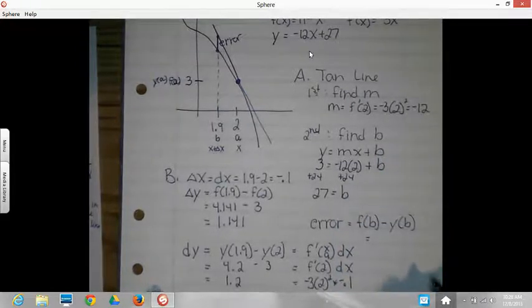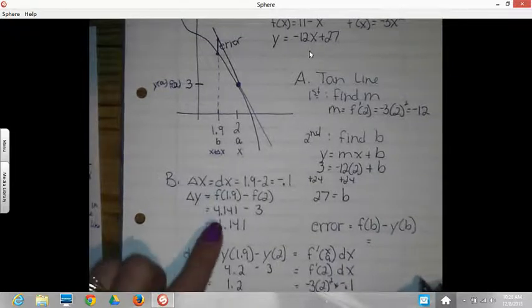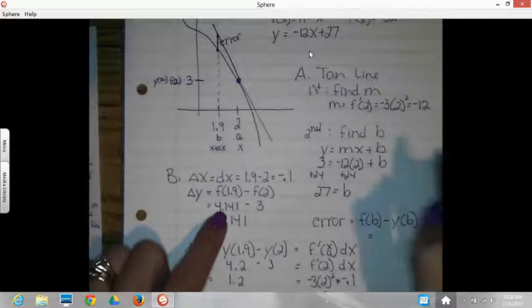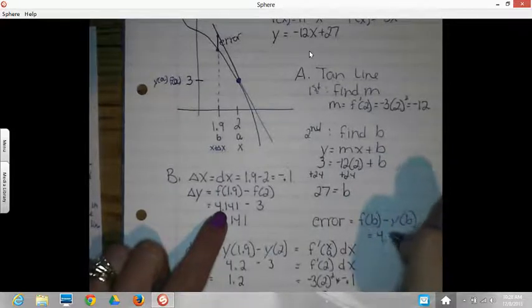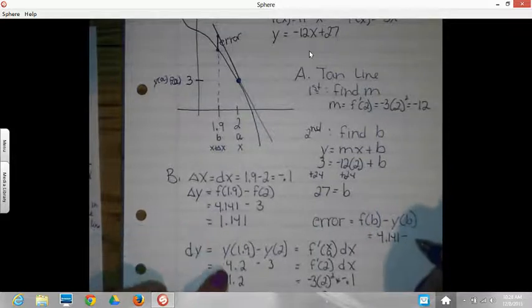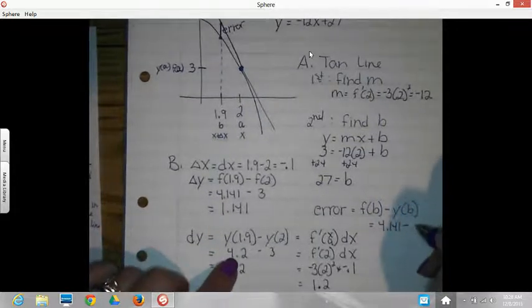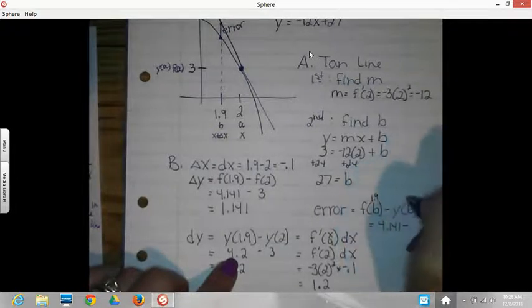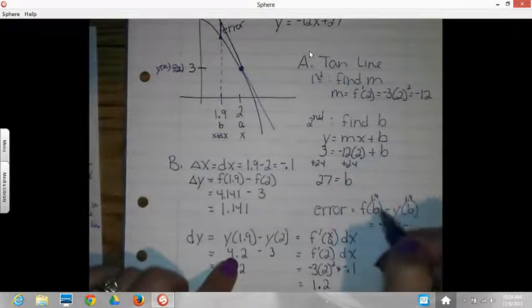So the f of b value, we already did it over here, 4.141 minus the y of b, we did it down here, 4.2, that's the putting in the 1.9 into the original and into the tangent line.